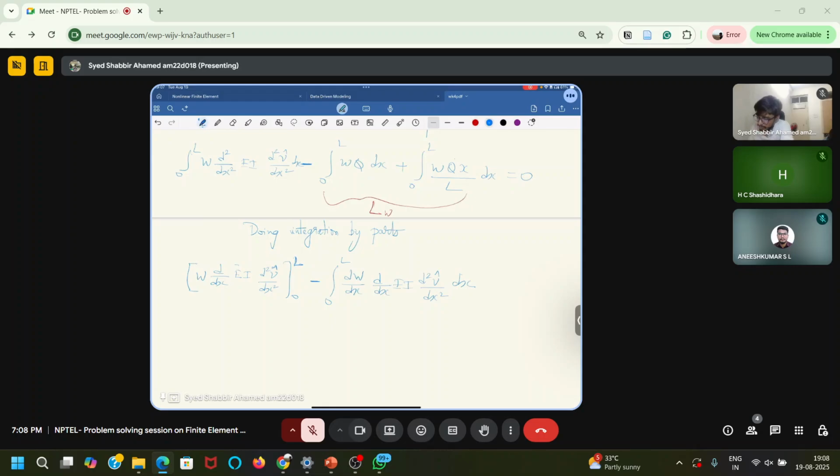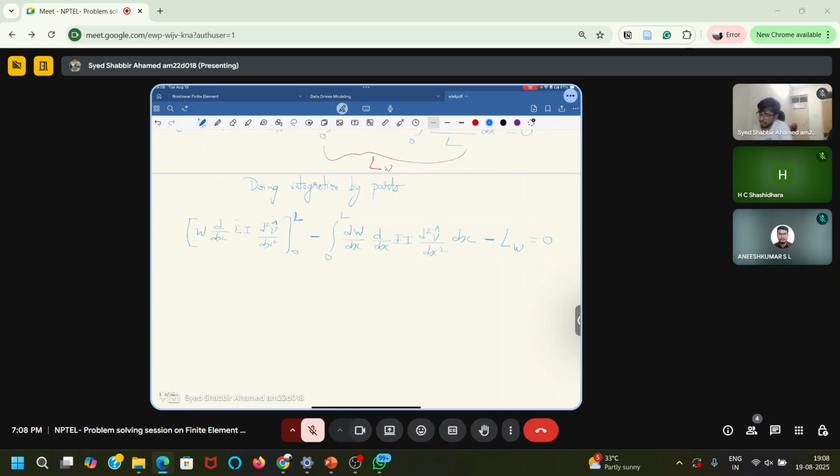Finally, I will write this as LW. Now, I have this term again. I can again do integration by parts and I'll get something.